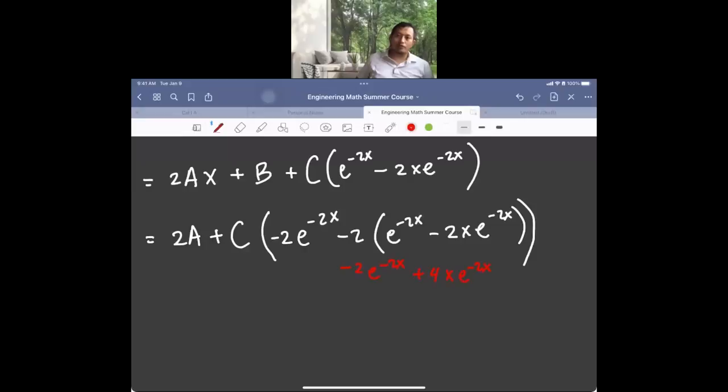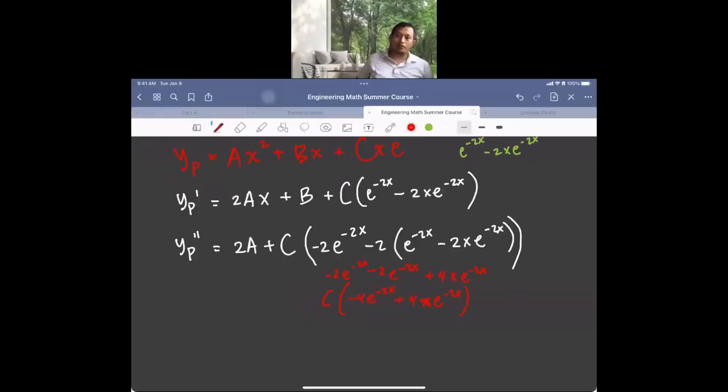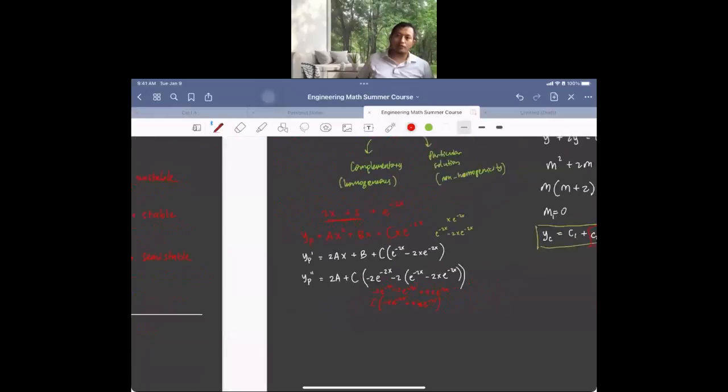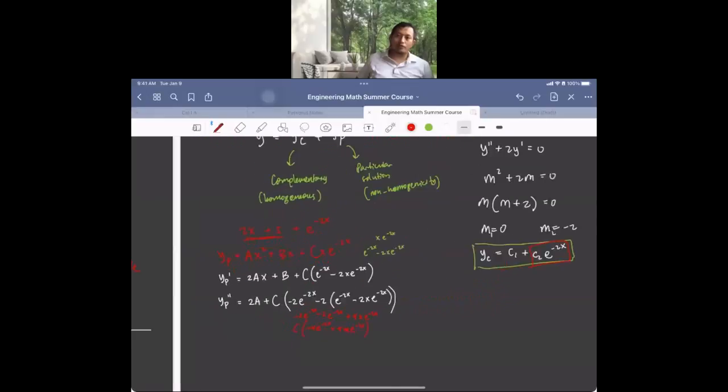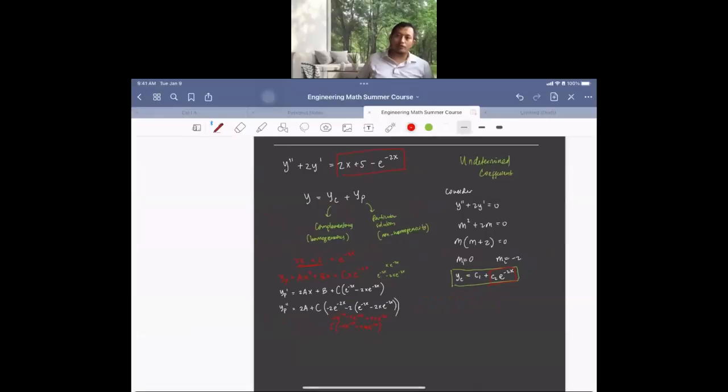This will be -2e^(-2x) plus 4x e^(-2x), so -4e^(-2x) plus 4x e^(-2x), multiplied by c.